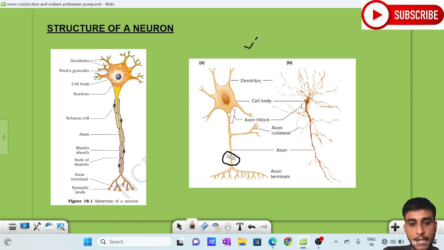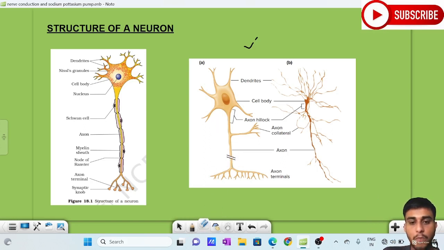The length of the axon will be much more. That is the reason we have drawn a symbol here for the representation.